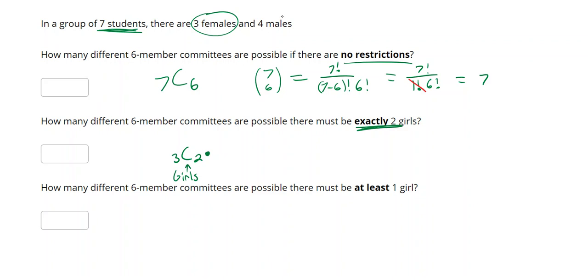Well, of the 4 males, we're going to choose, and now here's the question, how many are we going to choose? Well, how many does there have to be on the committee? There's got to be 6, right? We've chosen 2, so this must be 4, right? So of the 4 boys, we've got to choose all 4 of those boys in this example.